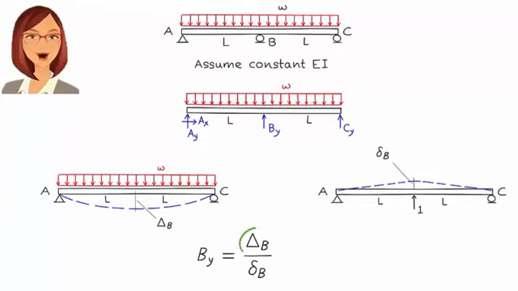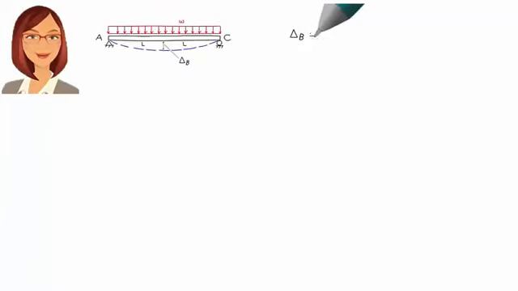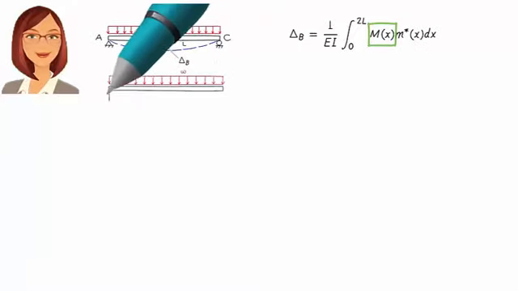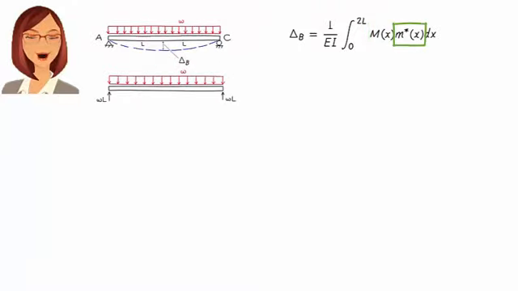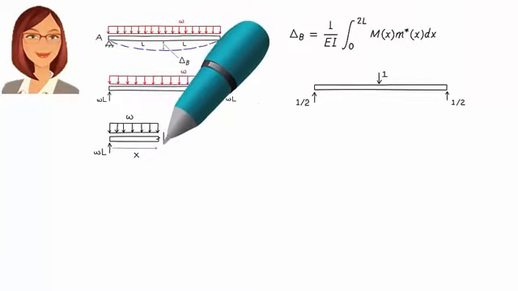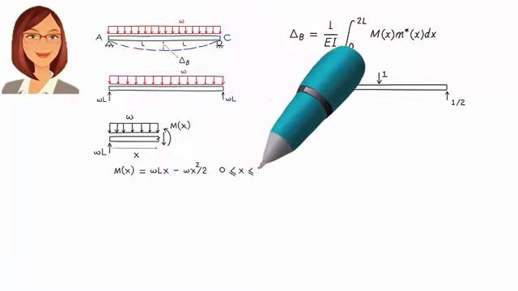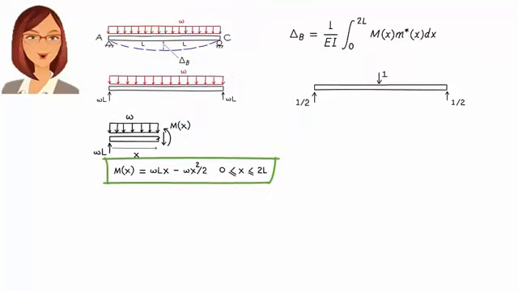We can calculate delta B using this equation, where M represents bending moment equation in the beam due to the distributed load, and M star represents bending moment in the beam due to a unit load applied in the direction of the displacement at B. Here is M. And here is M star.